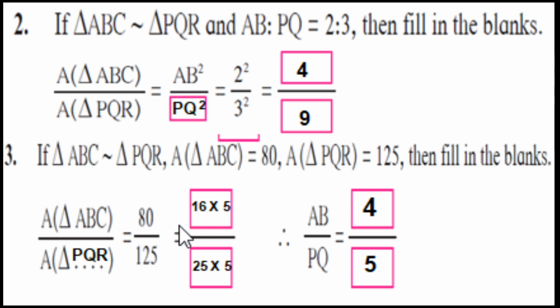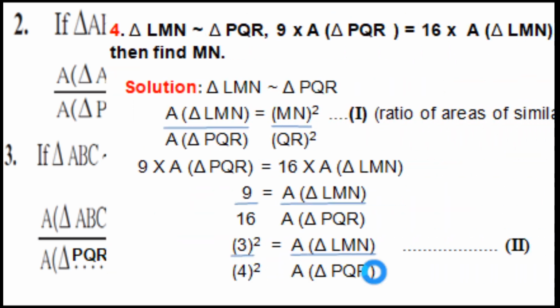Now by taking factors, 80 is 16 into 5 and 125 is 25 into 5. So 5 cancels, and 16 upon 25 is the answer. And by taking the square roots of 16 and 25, we get AB upon PQ is equal to 4 upon 5. So 4 is the square root of 16 and 5 is the square root of 25.